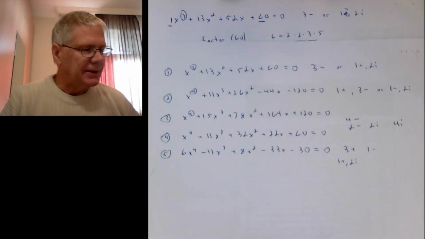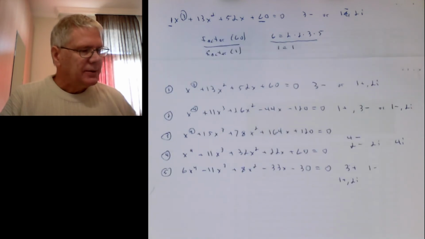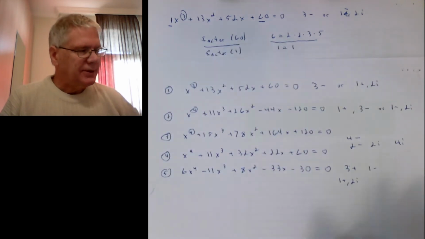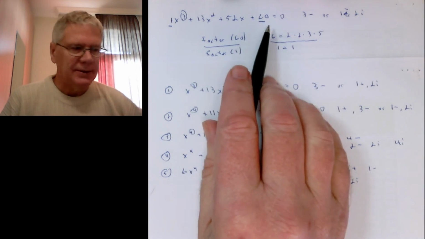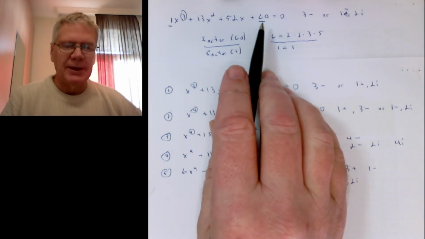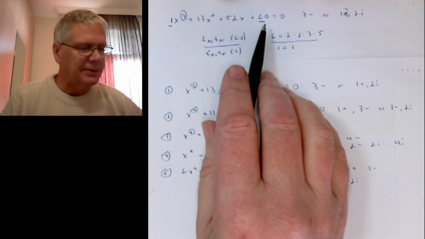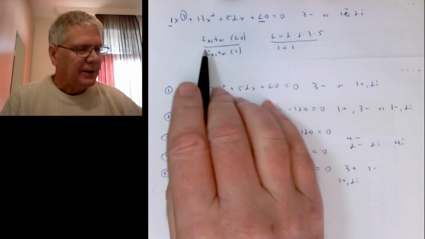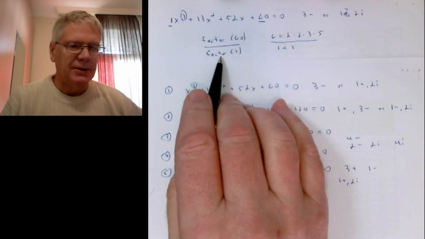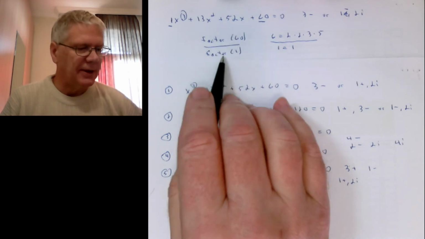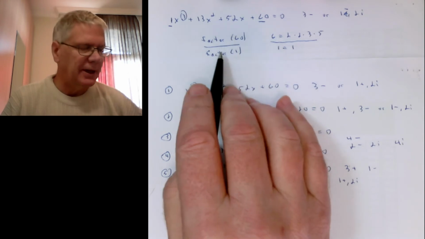So that's a possibility also. So what the rational roots theorem tells us is that if there is a rational root of this, and the roots may or may not be rational, there may be no rational roots, but if there are, the root will have a rational form. A rational number is fractional form with a numerator and denominator.